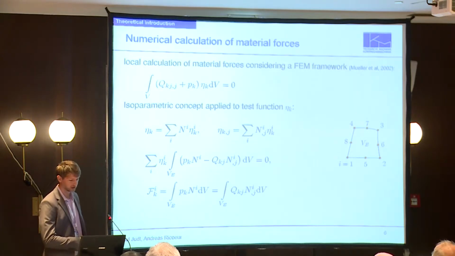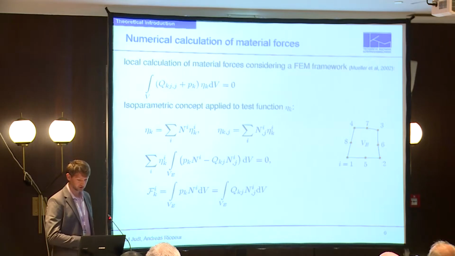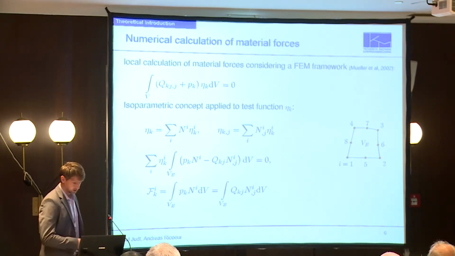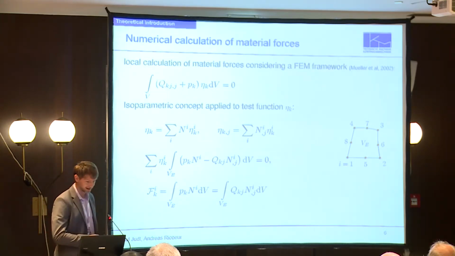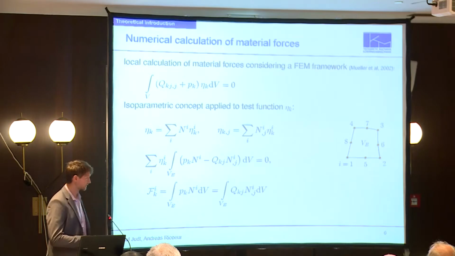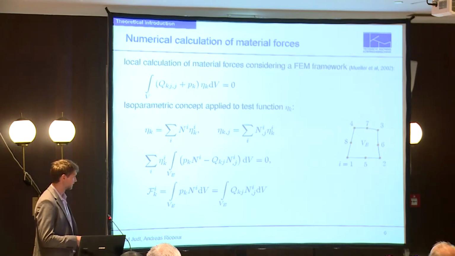Müller and co-workers introduced a method for calculating local material forces, considering the finite element framework. We have the weak form of the problem. Then we apply the isoparametric concept for interpolating field variables on the finite element, and we end up with this formula for calculating material forces, or the contribution of the force to one node at one finite element.